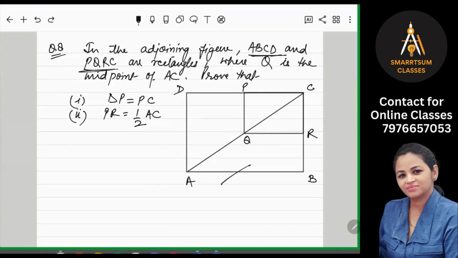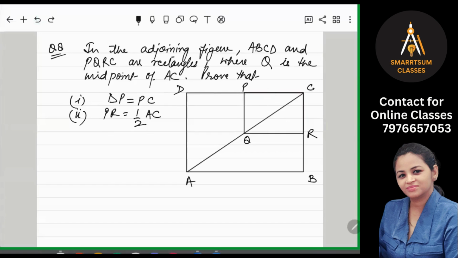You have to prove that DP is equal to PC, and PR is equal to half of AC. So these two things you have to prove within the question.